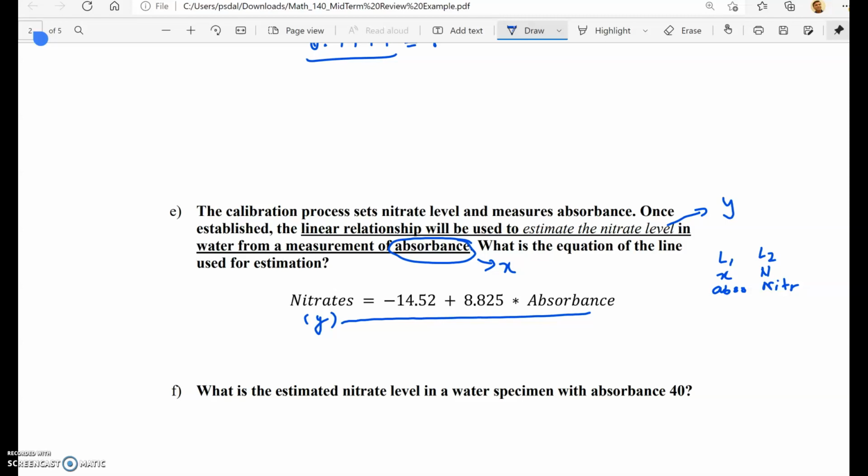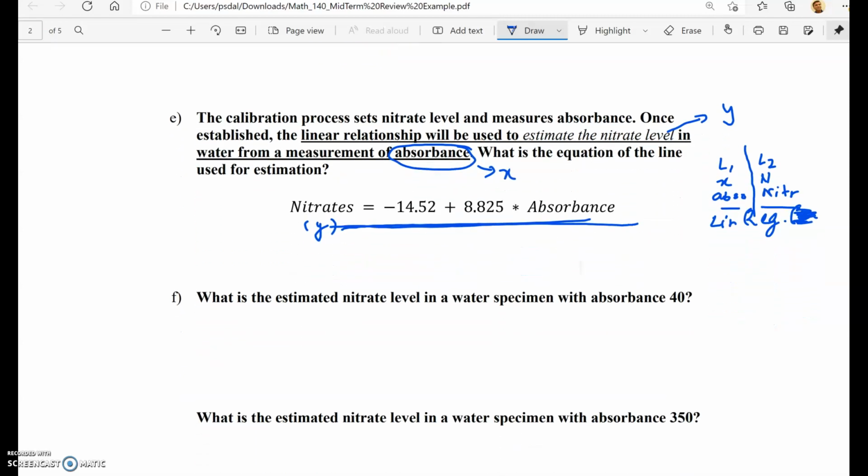Make sure that you're trying to find the linear regression AX plus B or A plus BX, whichever one you use. Make sure your X is absorbance, your L2 is nitrate level. And that's when you get the correct equation. I would suggest you do this on your calculator. Make sure you're getting these numbers.